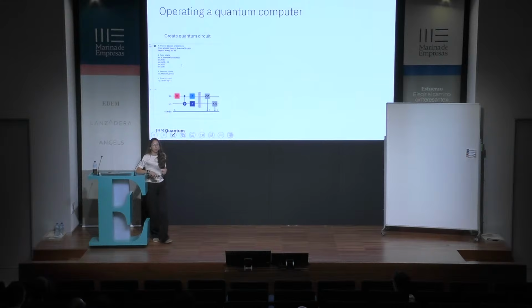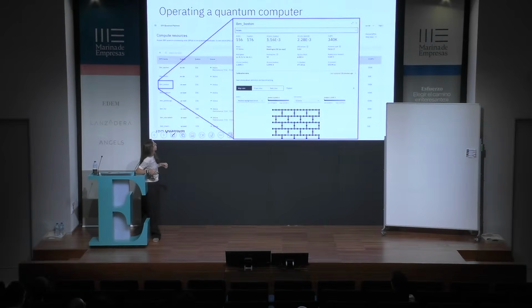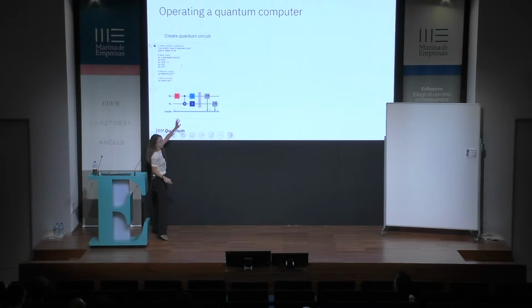And I didn't point at it, but here is also a list of native gates for each of these different devices. It might be that some of the gates that you choose as a user are not in that list, such as, for instance, this CNOT gate, this controlled-NOT gate, which is not natively implementable in one particular quantum processor.